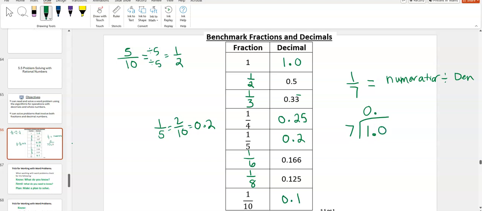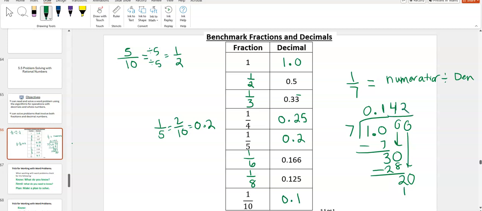So 7 can go into 10 once. Add that ghost 0. 7 goes into 30 4 times, that's 28. Add the ghost 0. 7 goes into 20 2 times? Yeah, 14. 6.